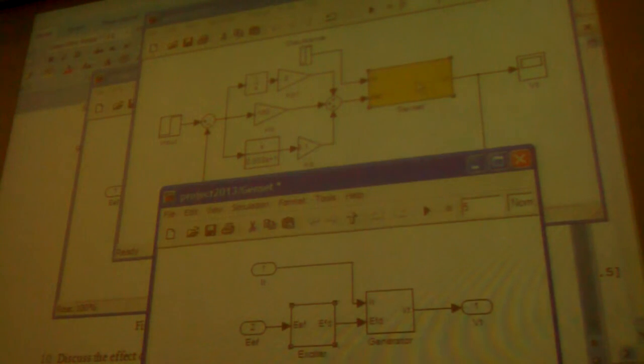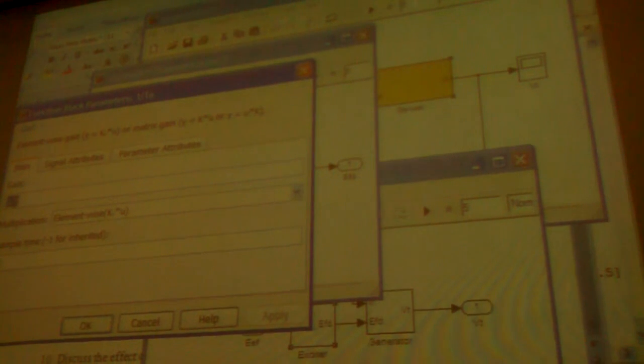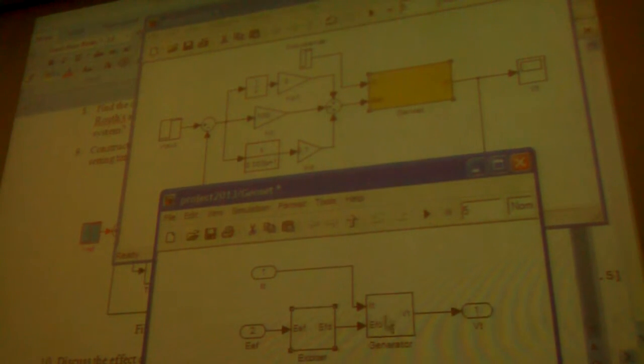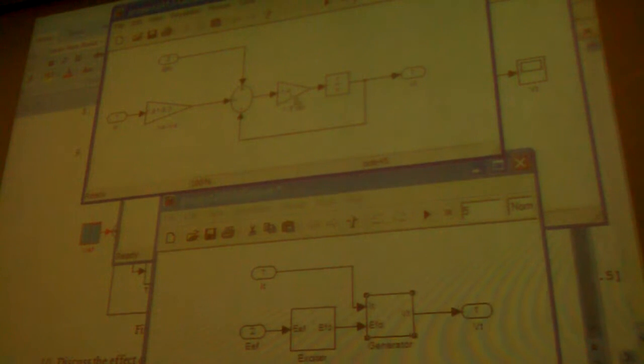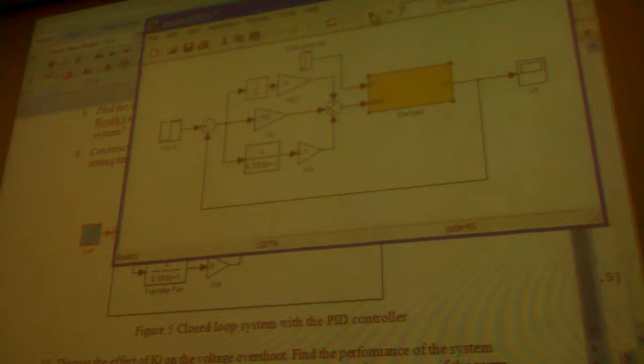So what is my time constant? I use about 0.2, it was 0.24. And the settling time is 4 seconds. Okay, good. So I'm going to run this one first.